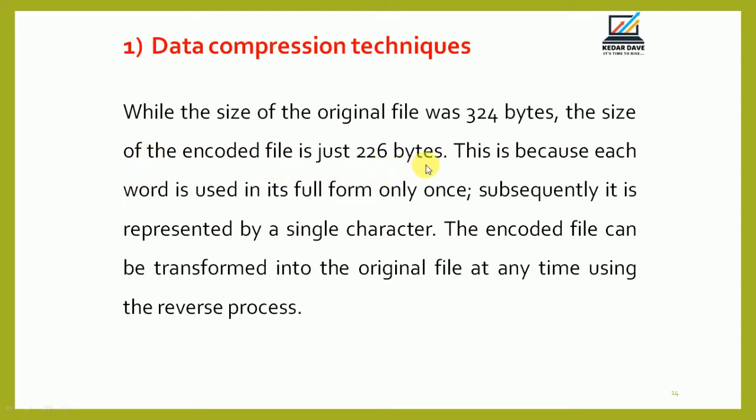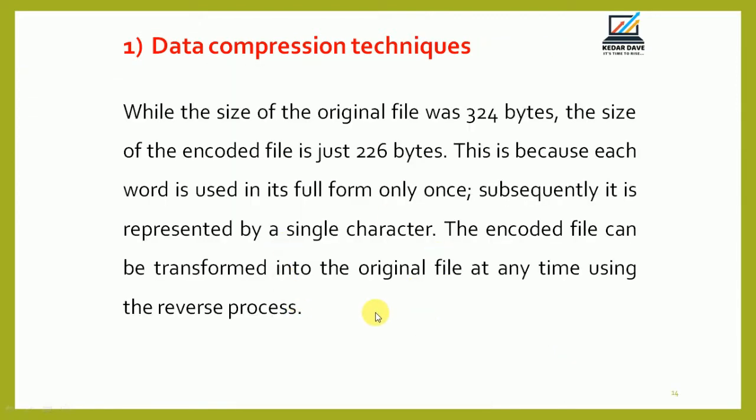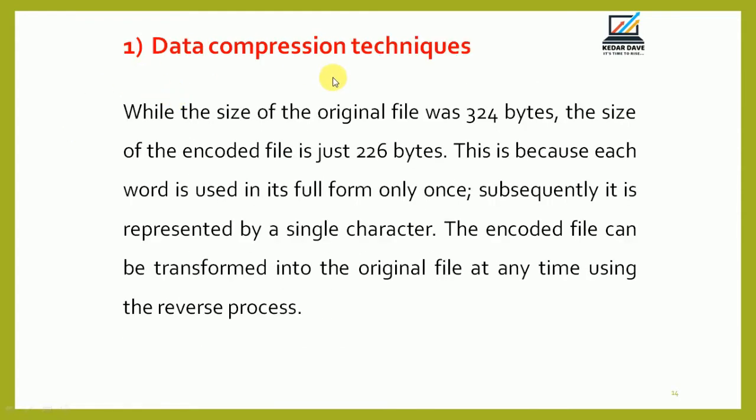So when you compress a file, this is because each word is used in its full form only once. Subsequently it is represented by a single character, as we discussed by using the graph, right? So that point is given here, and the encoded file can be transferred back into the original file at any time using the reverse process, that is called the decoding process.